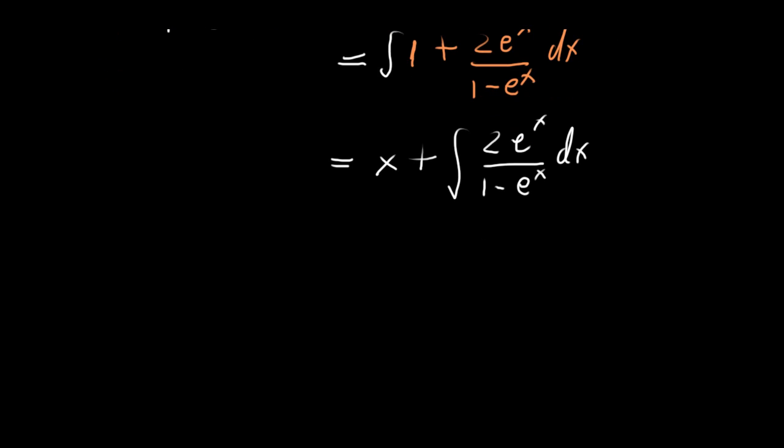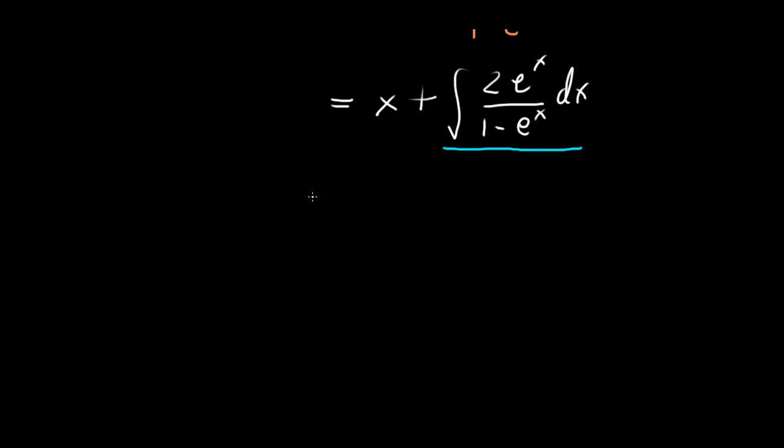Now we're not done yet. What I'm going to do is focus on this part right here, because I'll put the x back later on. So we want to find the integral of 2e to the x over 1 minus e to the x dx.